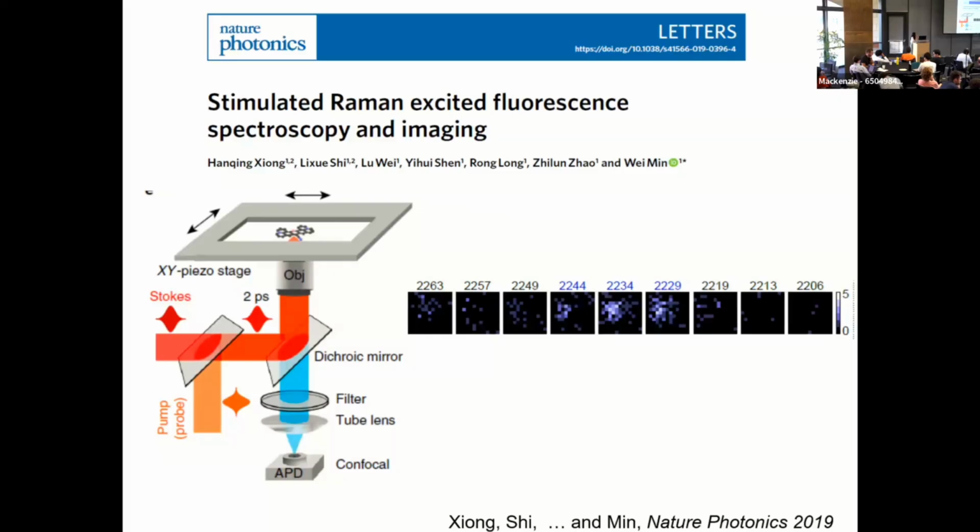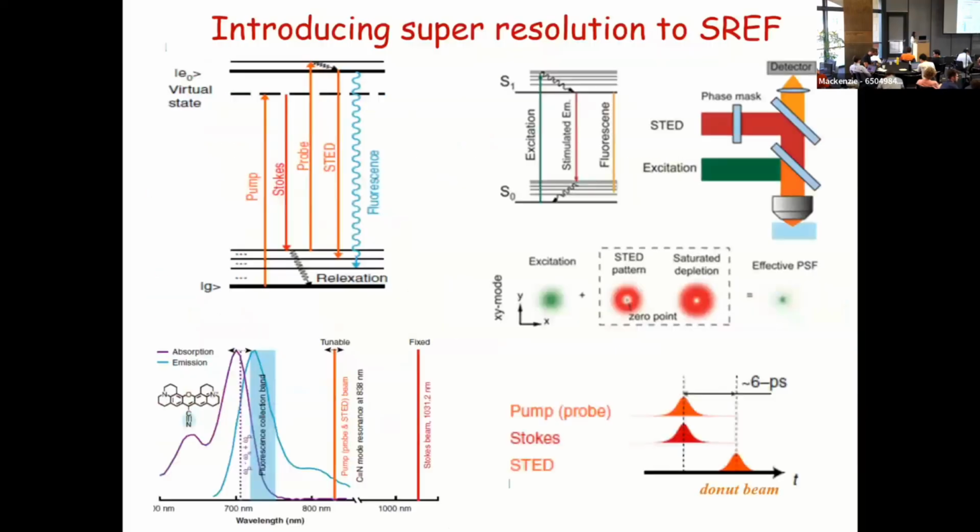So this is a, where's my laser? Yeah, this is a single molecular vibrational spectrum that they get from a single Rhodamine 800 dye. And this single molecular sensitivity also showcased that under a proper electronic resonance condition, the SRS transition can be quite pronounced to give you such high sensitivity.